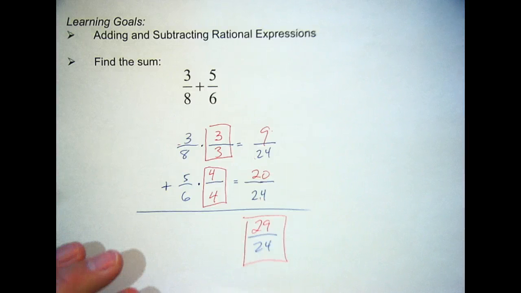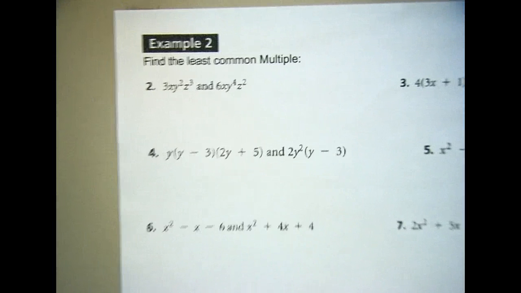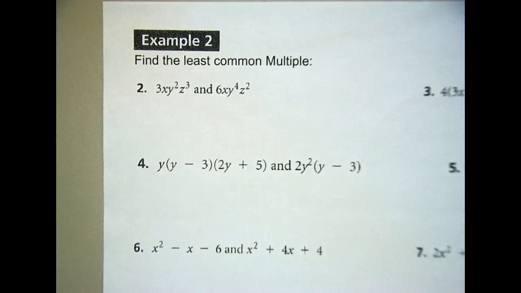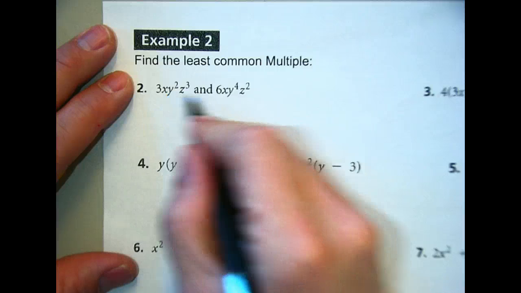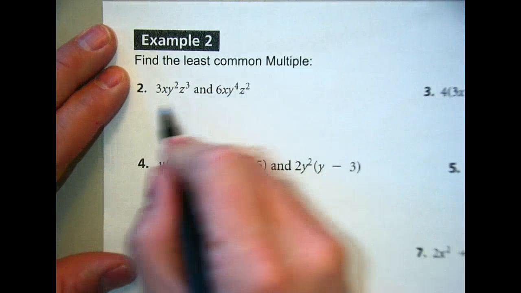Our goal with this first part of our assignment today, this is the example side. We're going to be working on the example side only today. Don't cross anything out on the mix. Our first part of our goal today is to find the least common multiple. Another way to think about that is to find the smallest number these both go into, the smallest expression that these both will go into.